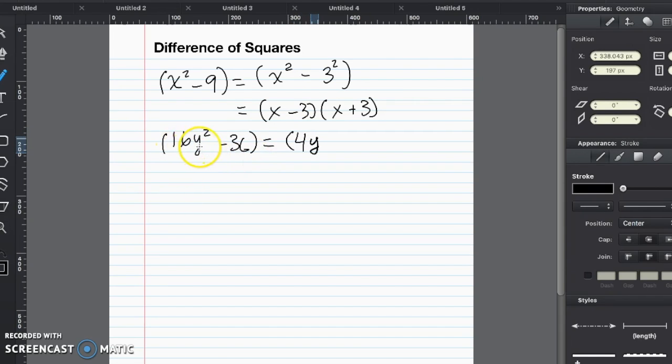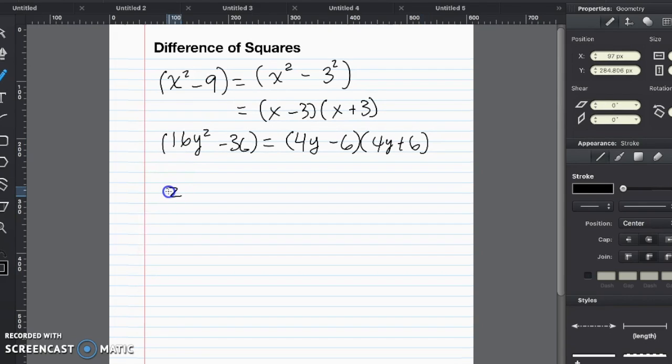My first term is 4y, so 4y minus 6 and 4y plus 6. I get students asking me a lot, does it matter if the plus comes first or the minus comes first? And I always tell them, well, in multiplication, does it matter which number comes first? It doesn't. So 2 times 3 is the same thing as 3 times 2. So there you go.